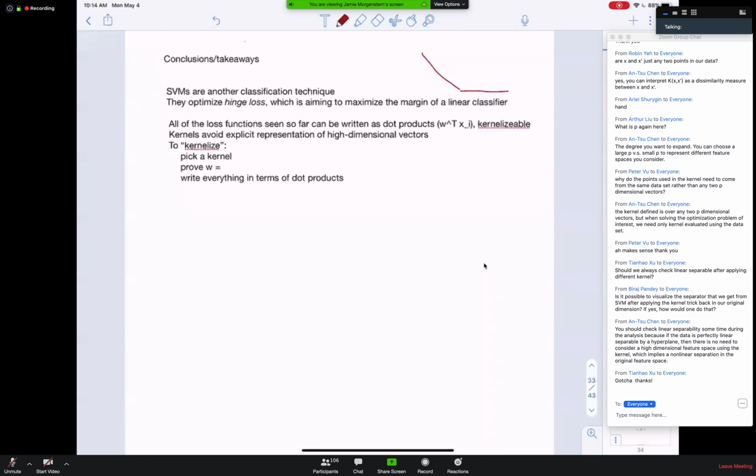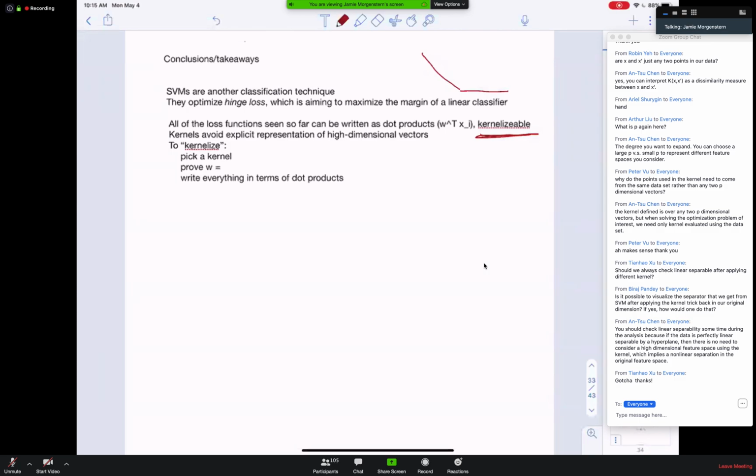the margin. Then we talked about the fact that all of the loss functions we talked about so far in class can be written as these nice dot products of w transpose xi, which suggests they're ripe for kernelizing, right? And kernels avoid explicit representation of high-dimensional vectors. They allow us to compute dot products of high-dimensional vectors, or at least taking x, mapping it to some high-dimensional vector phi(x), and taking the dot product there.